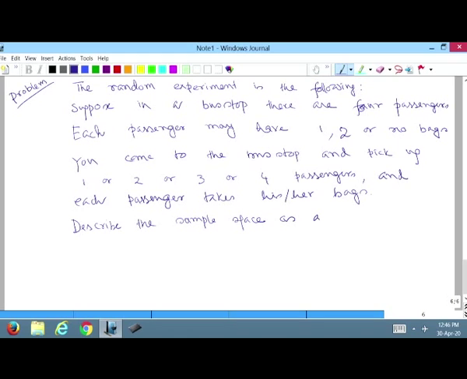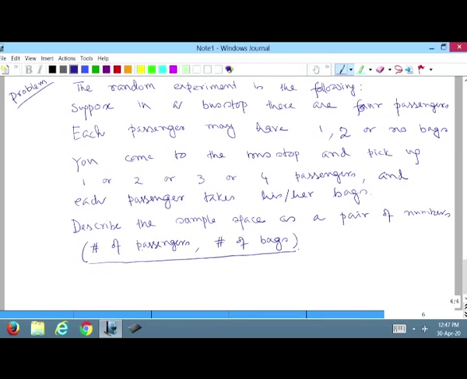as a pair of numbers, number of passengers and number of bags. So, your sample space are made of points of this nature.